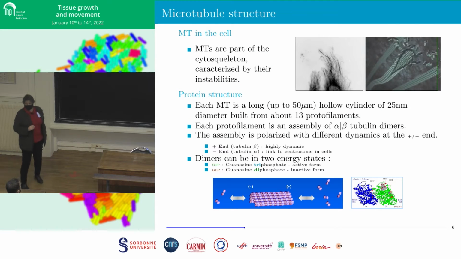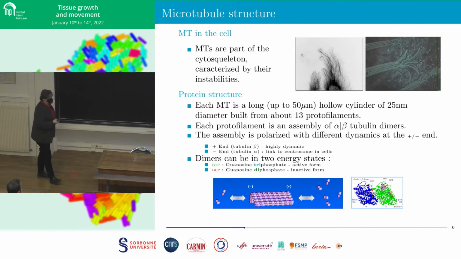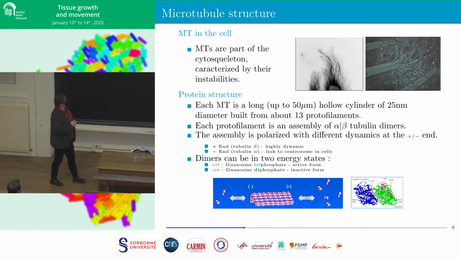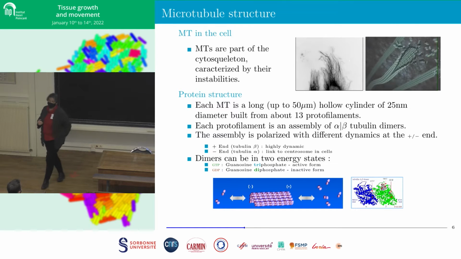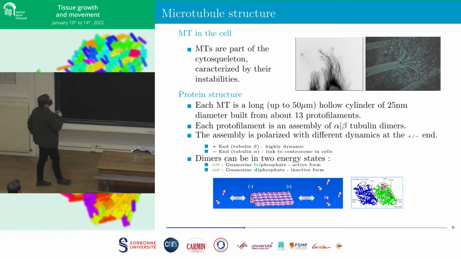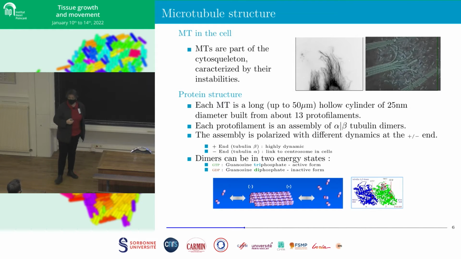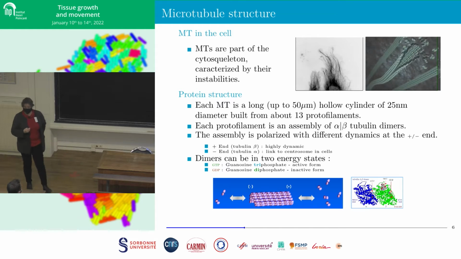So what are microtubules? Microtubules are part of the cytoskeleton, characterized by their instability. On the left, you see in the cells the family of microtubules with lots of activity. And on the right, you see a cartoon of one microtubule filament.